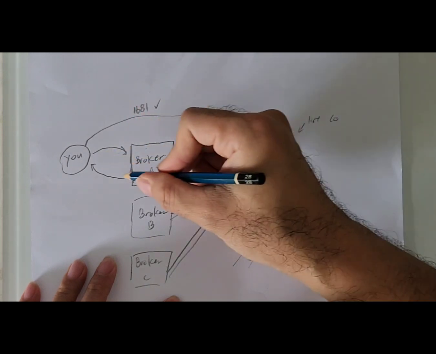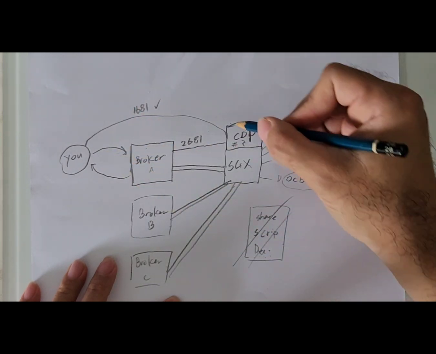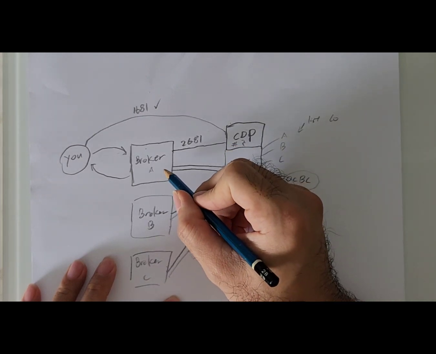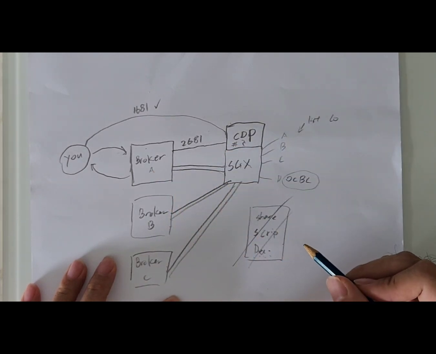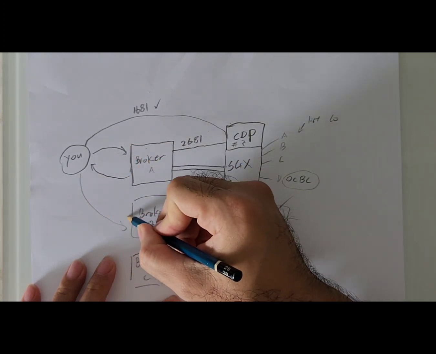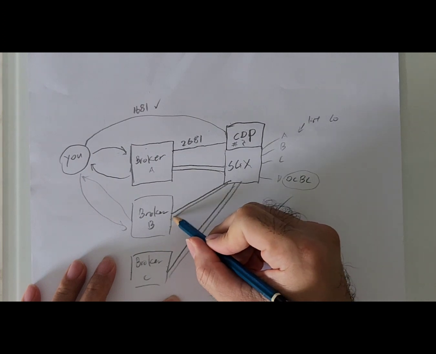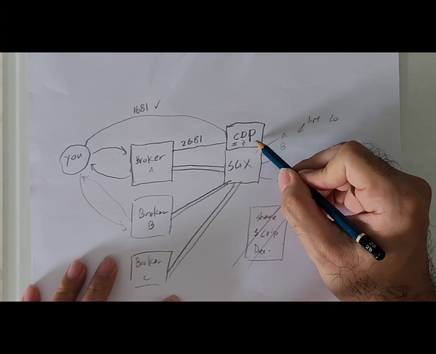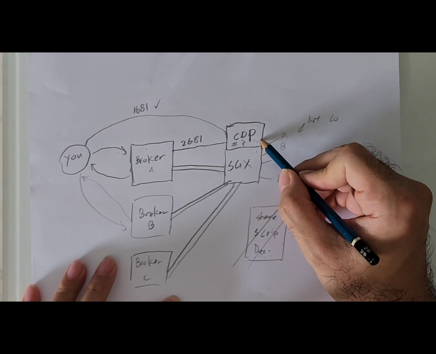The reason why is, if I bought my share on exchange, I don't have to rely on this broker to also sell the share. I can go and find another broker and have a relationship with him. He's also connected to the exchange, and the exchange would have my CDP records.